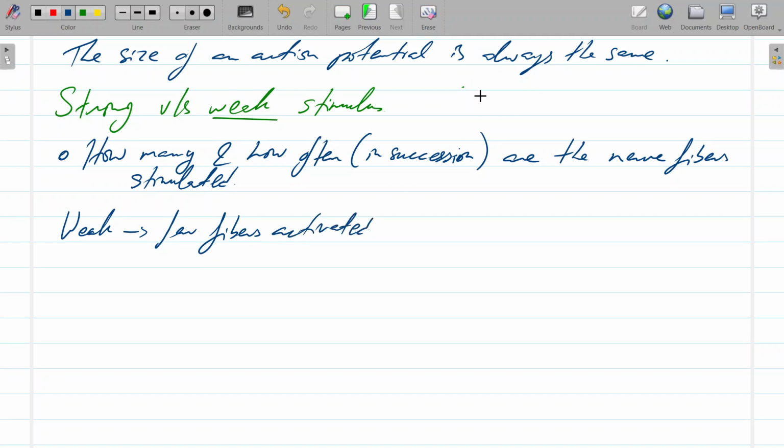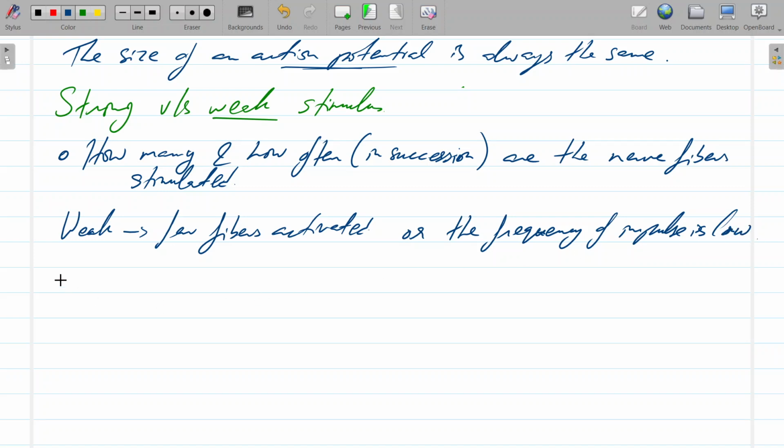Again, right, if a fiber is activated, the value of the action potential is going to be plus 30 or plus 40 millivolts always, right? But only a few of them are activated, right? Or the frequency of the impulse is low. So it's not happening very often. Whereas for a strong stimulus, right, many of the fibers are being activated.